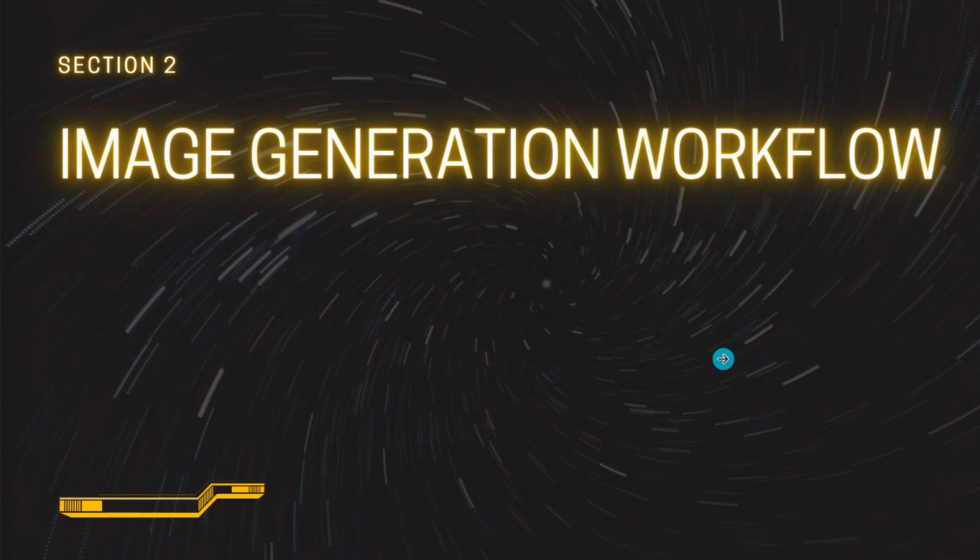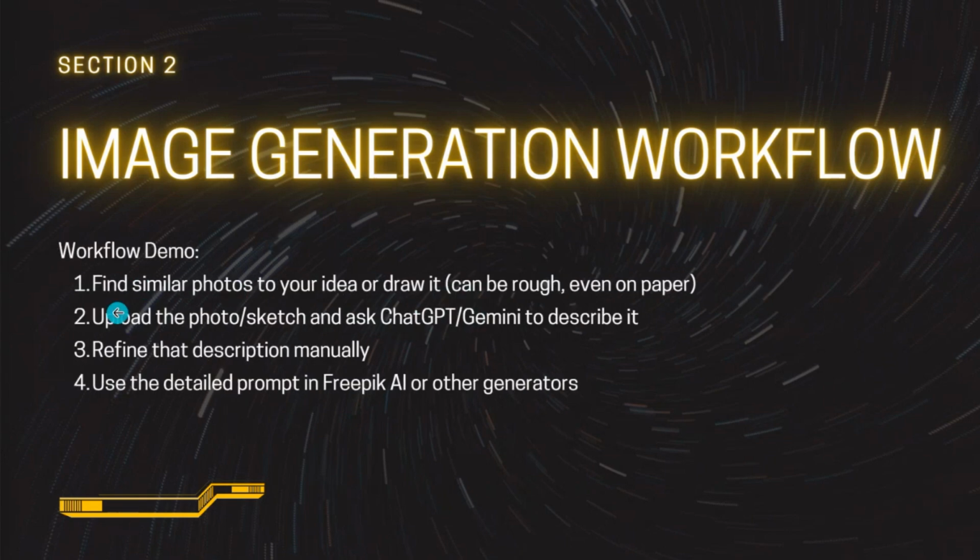I have a workflow that will enhance your time management in order to get your visualization live, more detailed, and more related to what's on your mind. For example, if you have a quick sketch or some similar photos that are roughly 70% of what's on your mind, it could be enough.